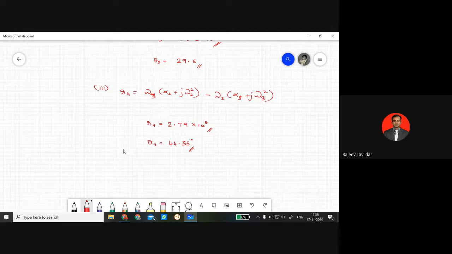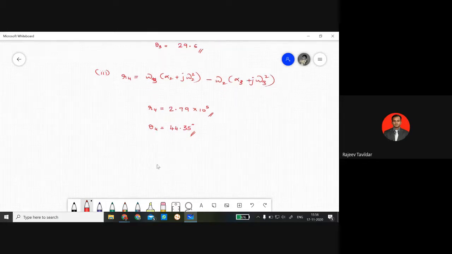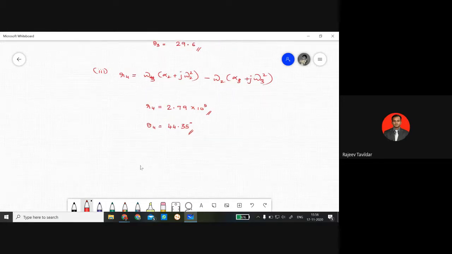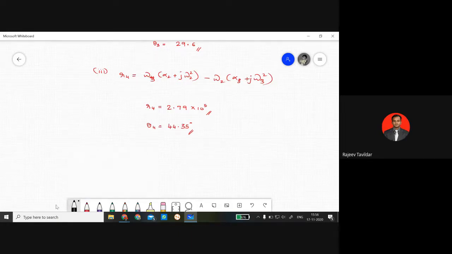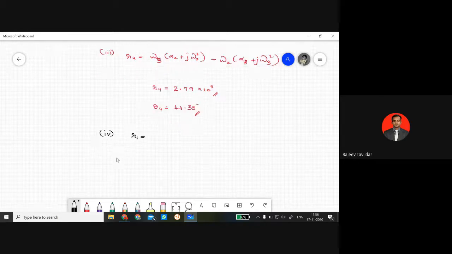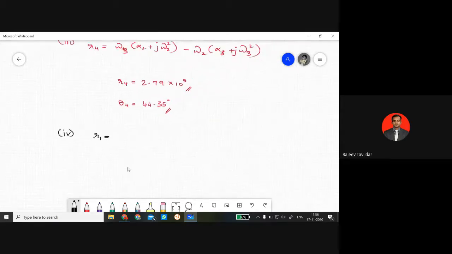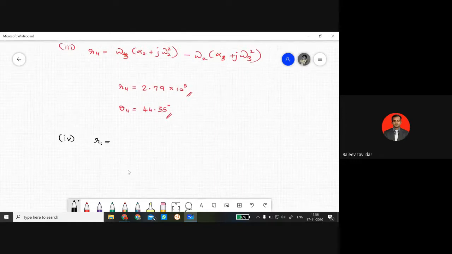Done till here? Is anyone still doing this value calculation for R4?